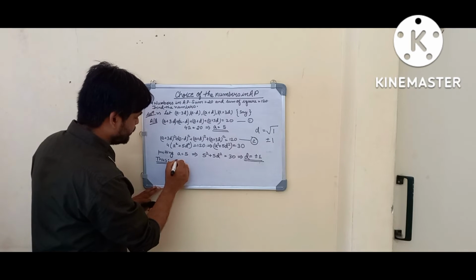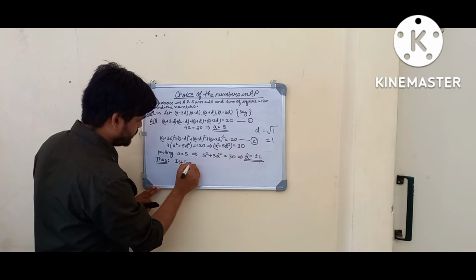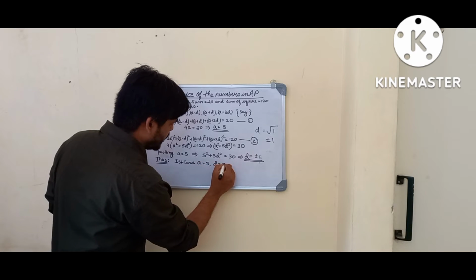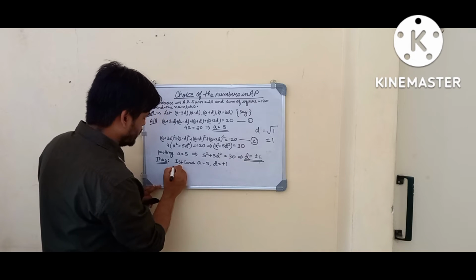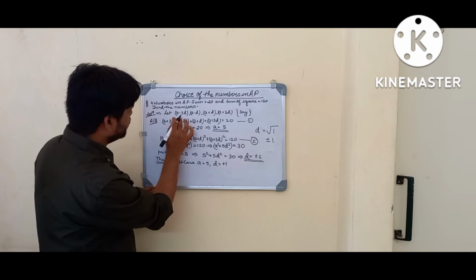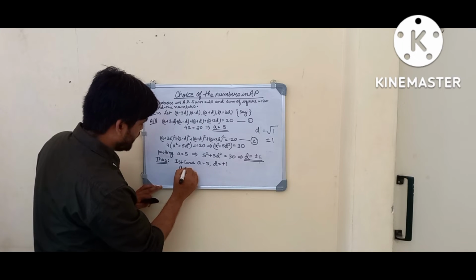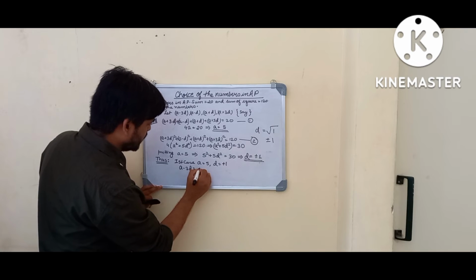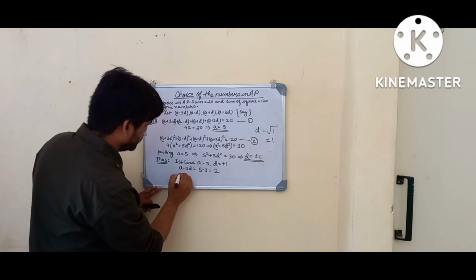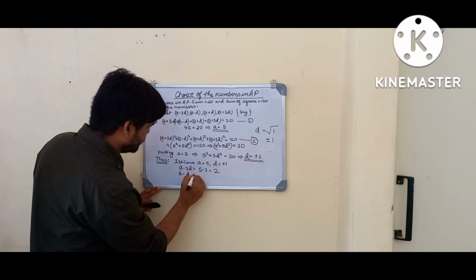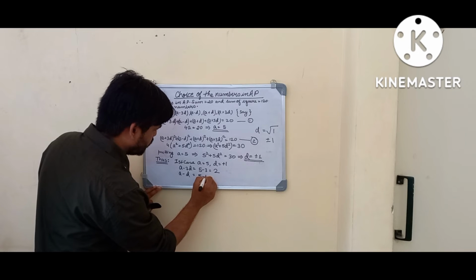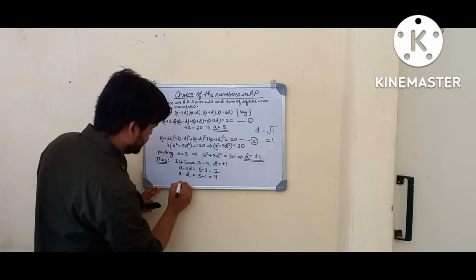So let us take the first case, where A is equal to 5 and D is equal to plus 1. Putting the values, A minus 3D is 5 minus 3, which is equal to 2. A minus D is 5 minus 1, which is equal to 4.